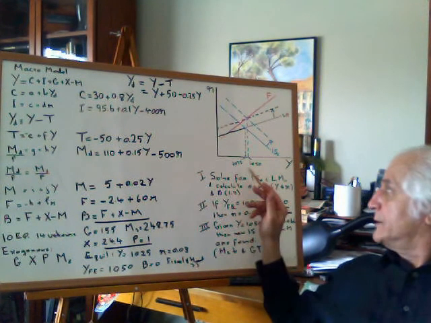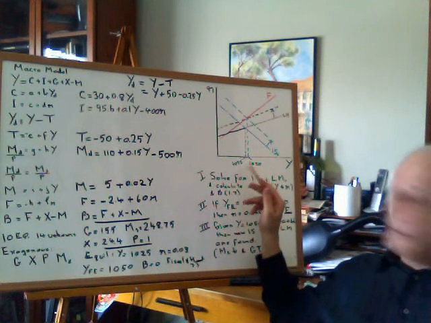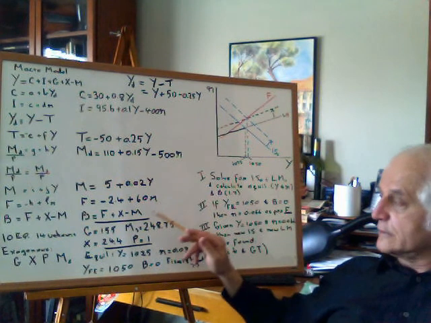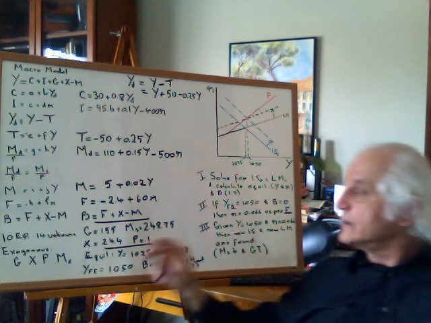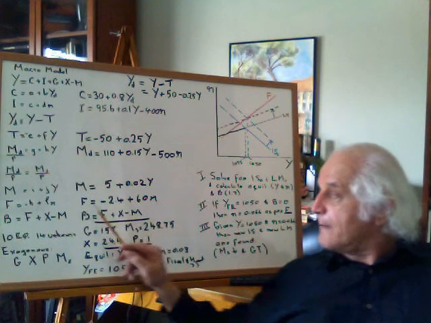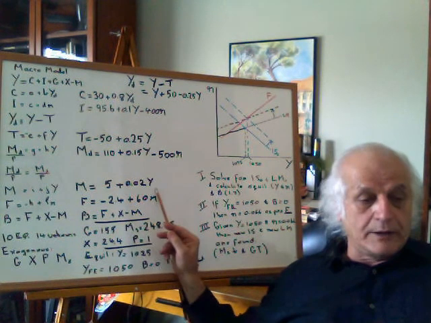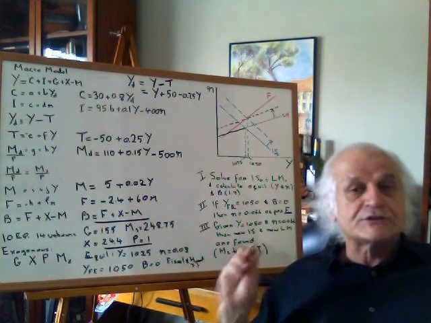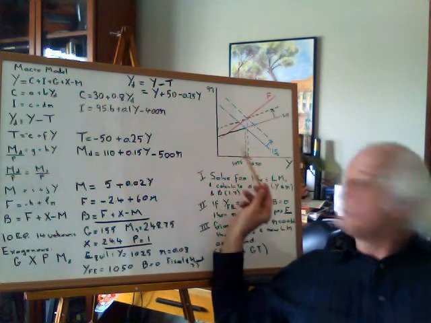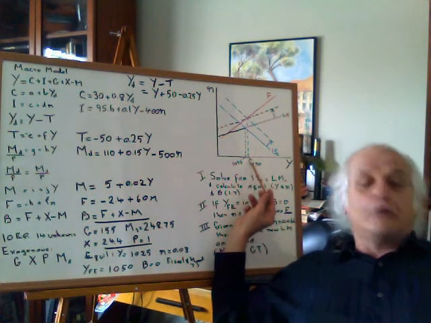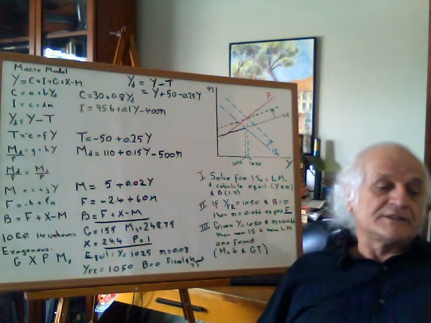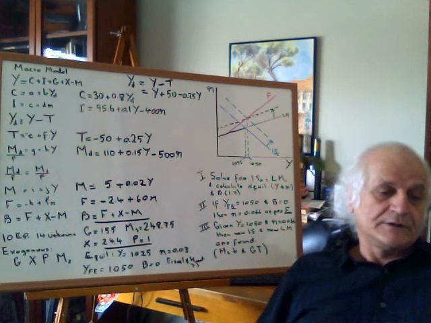If you have an economy that is below full employment, that wants to get up to full employment, and whose foreign sector is characterized by an X of 24.4, an M of 5 plus 0.02Y, and it wishes to have a zero balance of payments, then it will be restricted to operating at a level of output of 1050 that coincides with an interest rate of 6% in this particular case.